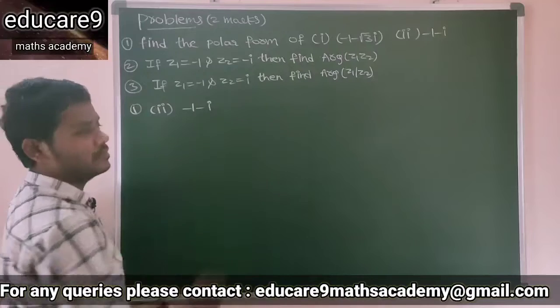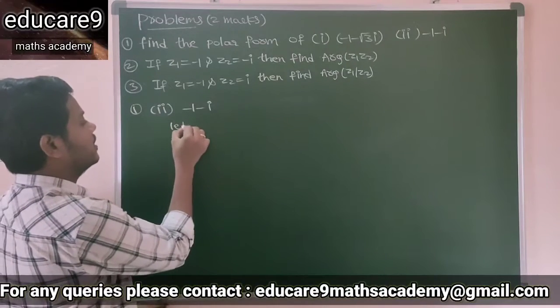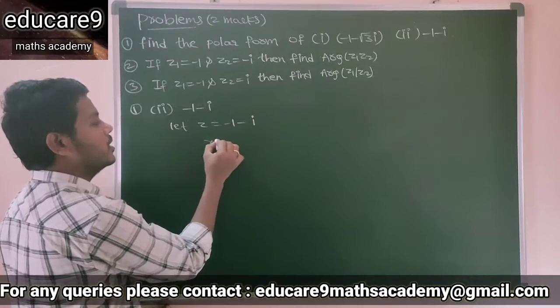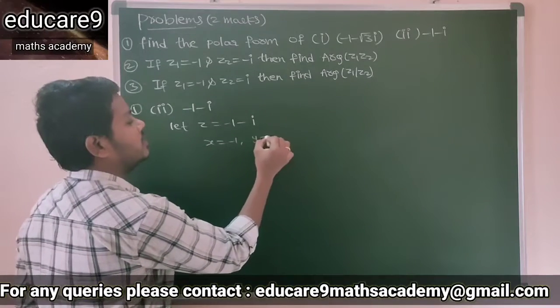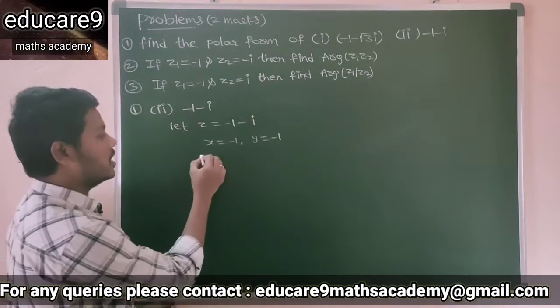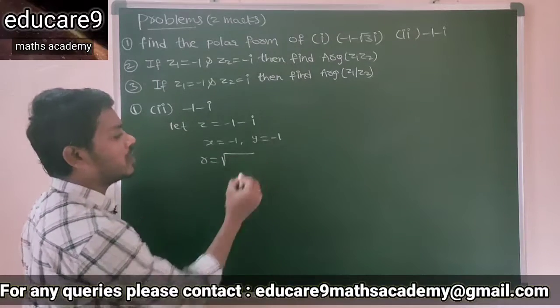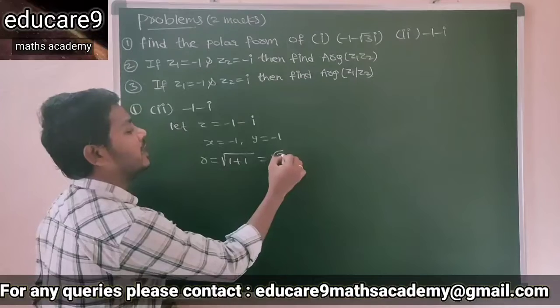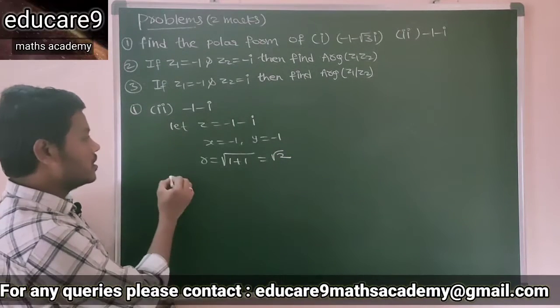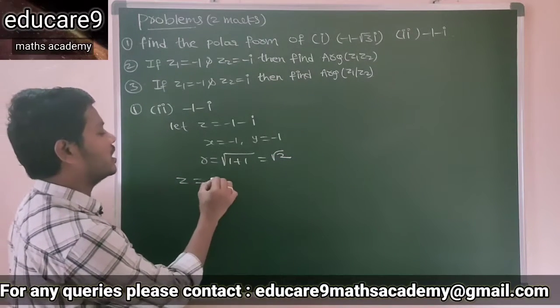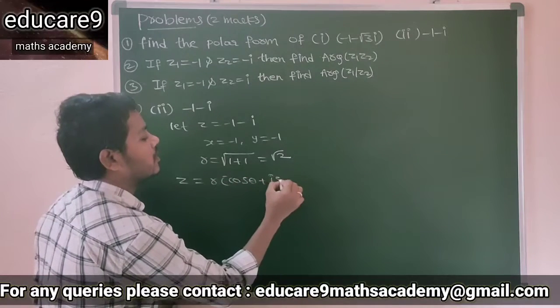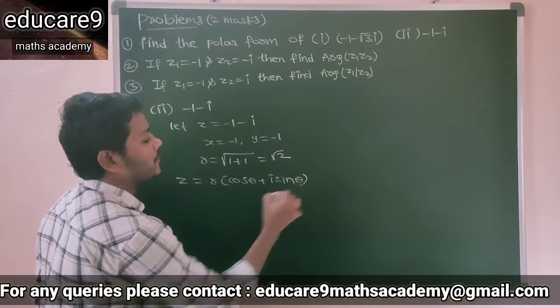-1 minus i. So let z is equal to -1 minus i. So x is equal to -1, y is equal to -1. So therefore r is equal to what? Square root of x square plus y square. That is 1 plus 1, you will get root 2. So you know that z is equal to what? r times cos theta plus i sin theta.